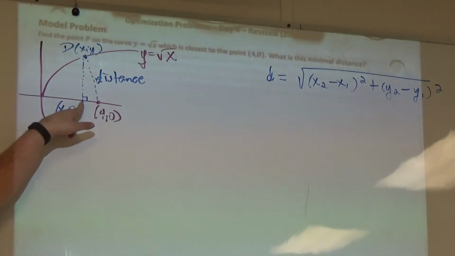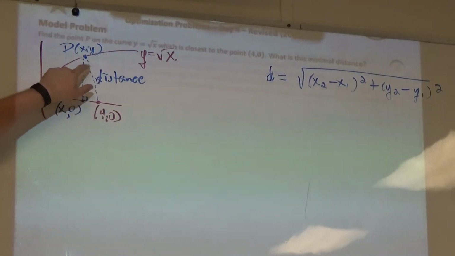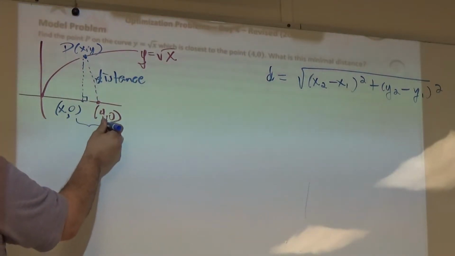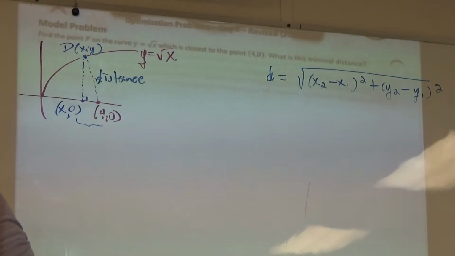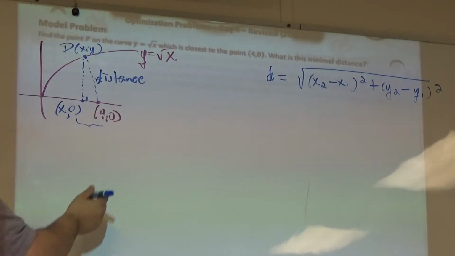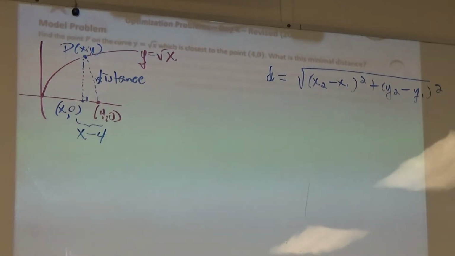I know the Pythagorean theorem: a squared plus b squared equals c squared. So how long is this side here? Going from x comma 0 to 4 comma 0, it's 4 minus x. You can write it as x minus 4. Either way is going to be okay.